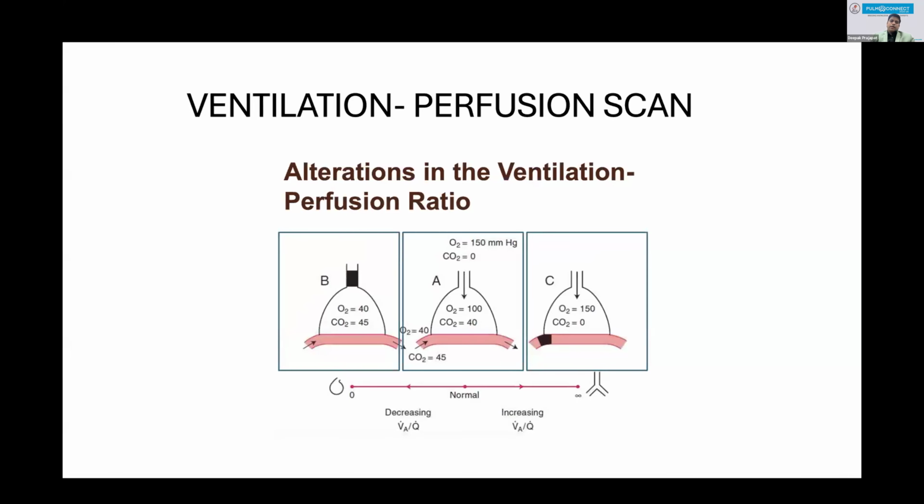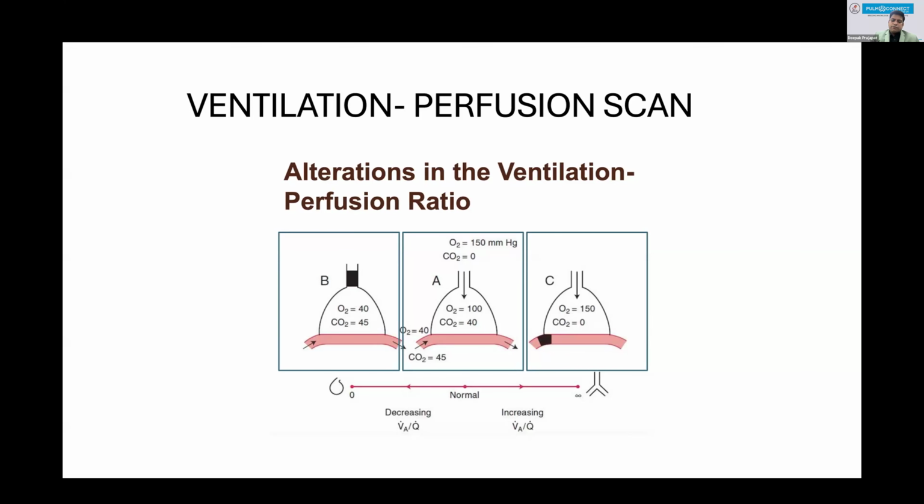After the PET-CT scan, there is one entity which we call the ventilation perfusion scan. So in the ventilation perfusion scan, what is the basic principle which I want to tell you? If there is normal ventilation and normal perfusion, no obstruction in both the processes, we call it normal.